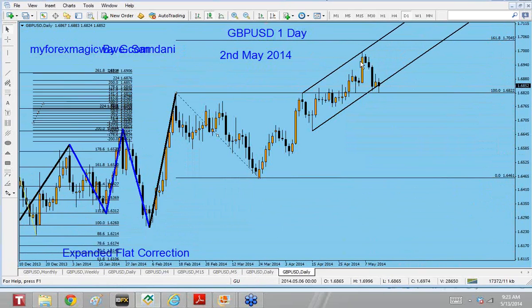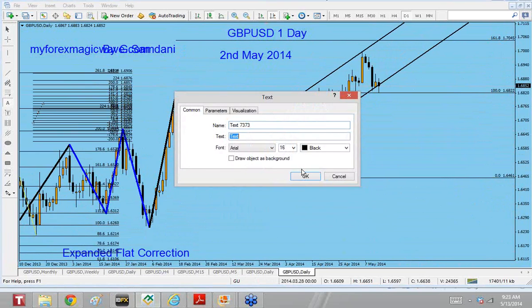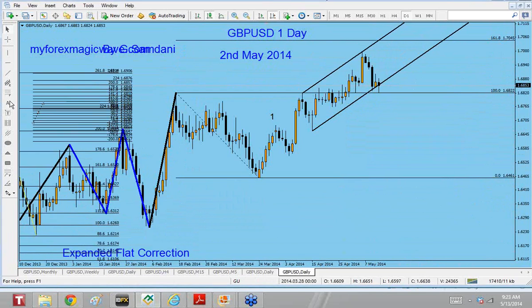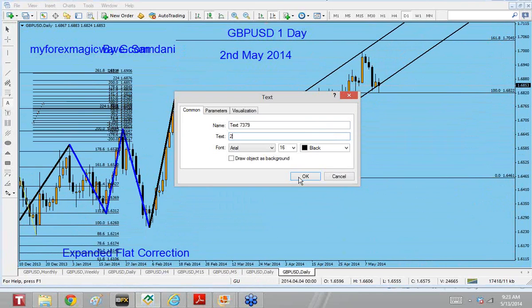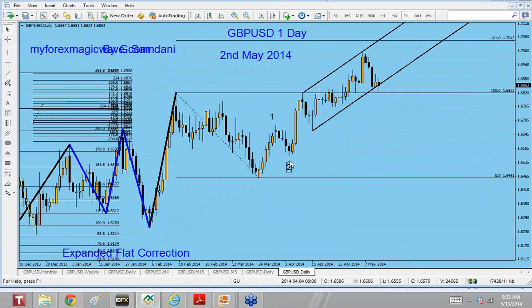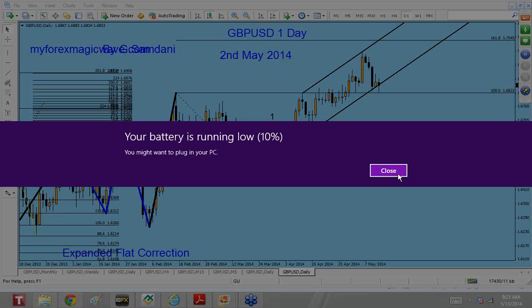See how the price nicely came in this high, expecting this. I think this is the last week high or something as well. Anyway, so out of that, what we have here is wave 1, and this is wave 2. Okay. Now we need wave 3.